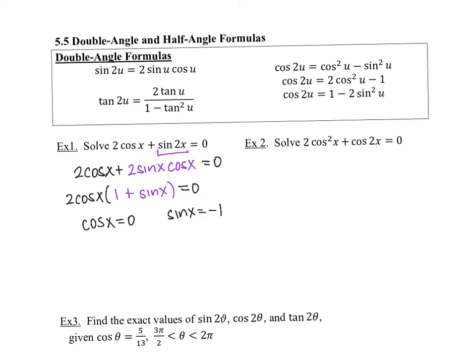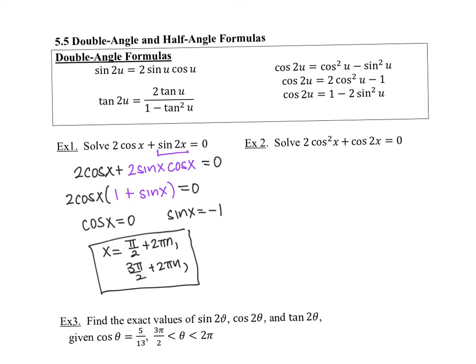Okay, for the cosine equation, the cosine is 0 at pi over 2 plus 2 pi n to capture all the coterminal angles, 3 pi over 2 plus 2 pi n to capture all the coterminal angles, and the sine is equal to -1 at 3 pi over 2, which I've already stated. Okay, so this is my solution. The solution could also be written as pi over 2 plus pi n, because by doing that, I would capture the 3 pi over 2 at the same time. But either way is fine with me.